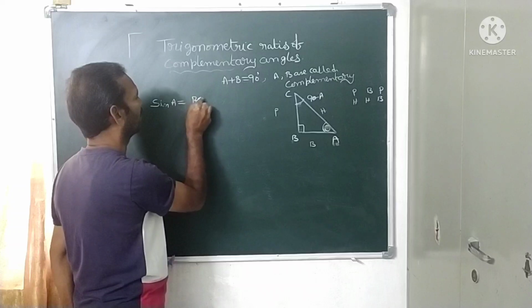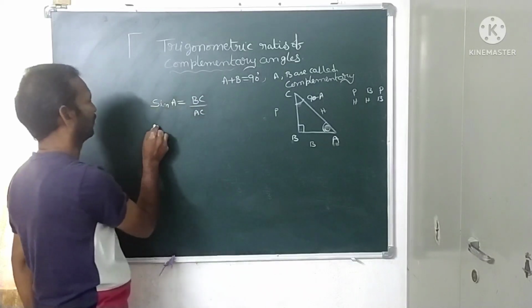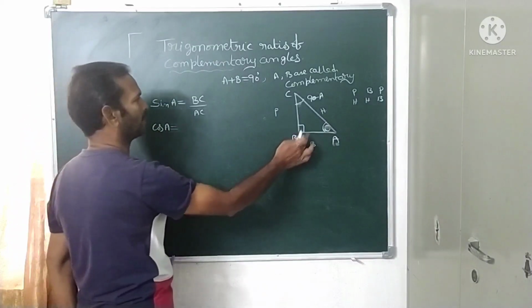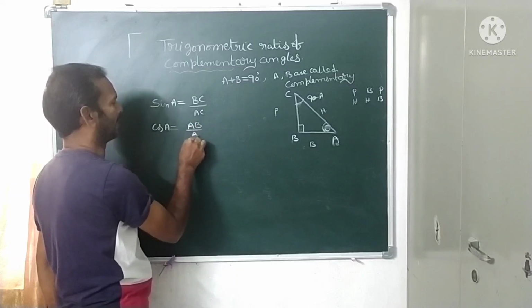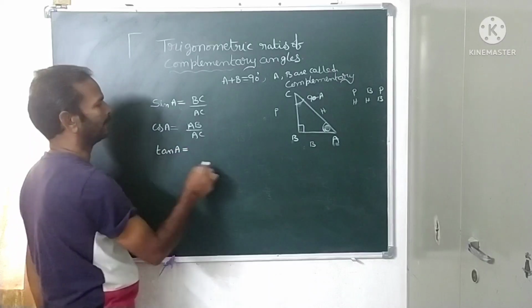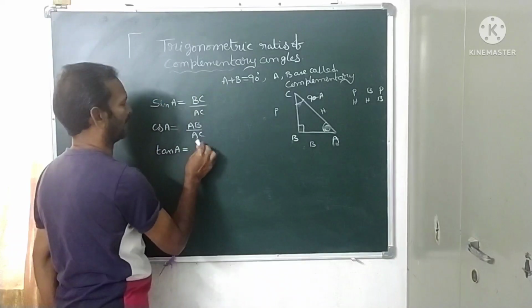Perpendicular is BC by AC. Cos A is base by hypotenuse, AB by AC. Tan A. Tan means perpendicular by base.